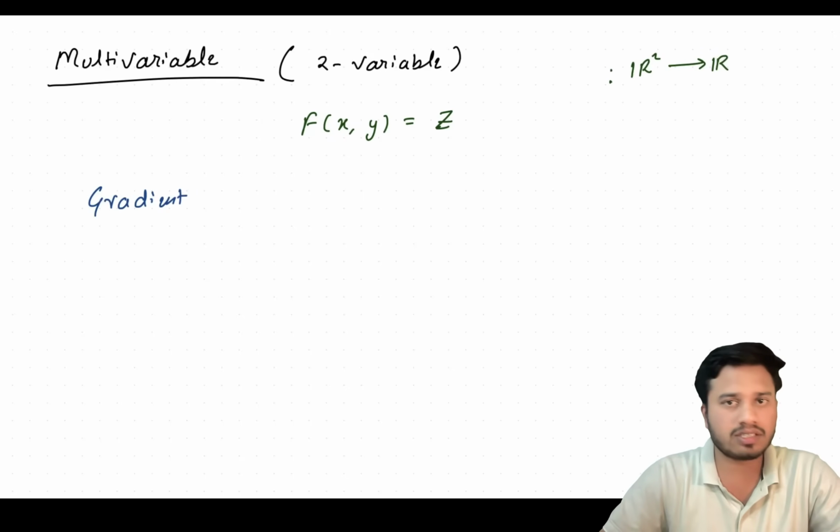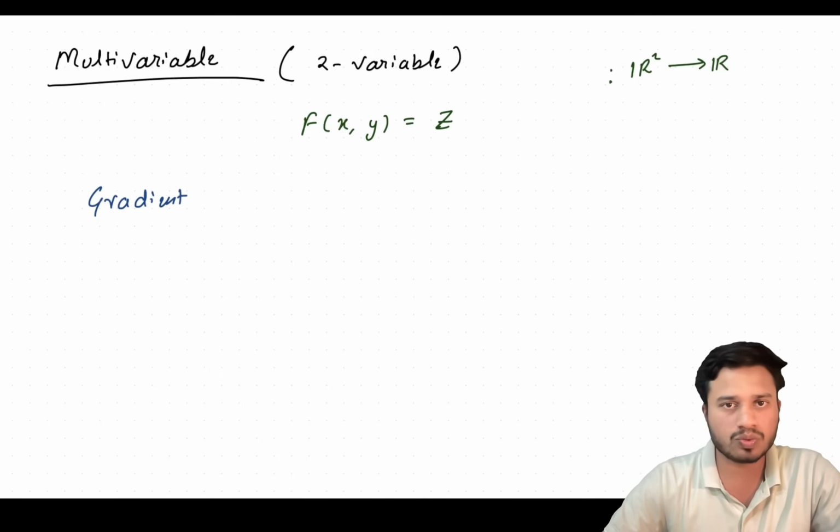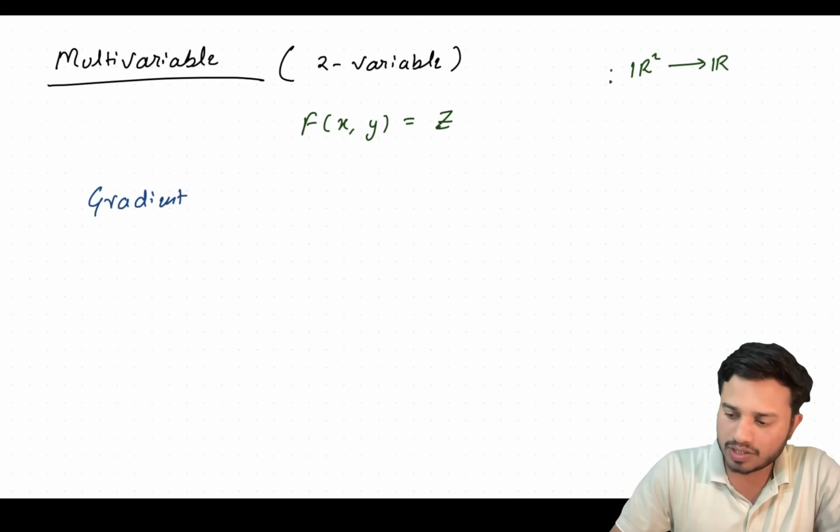Just like in the single variable case we have the first derivative, d by dx, here there is a function with two variables, so we will have two first order derivatives, and we store them in this form.